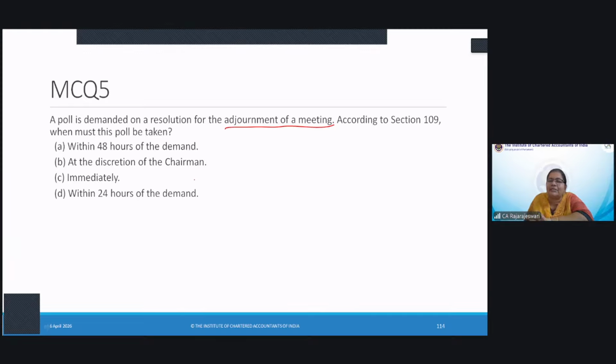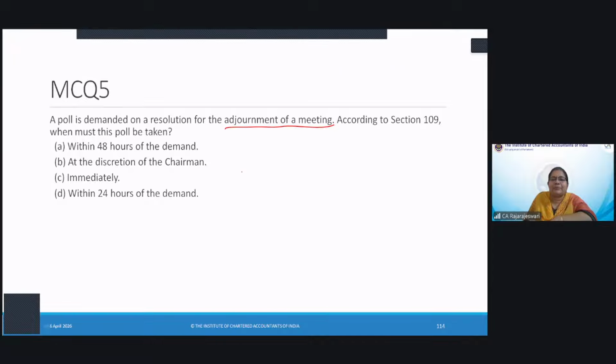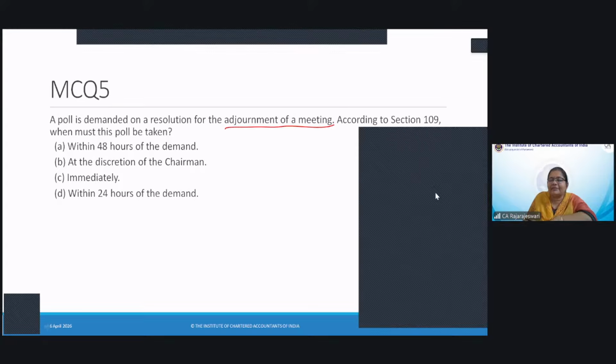There are two agendas connected with it. What are they? One is adjournment of meeting and the other one. In both the cases, yes.